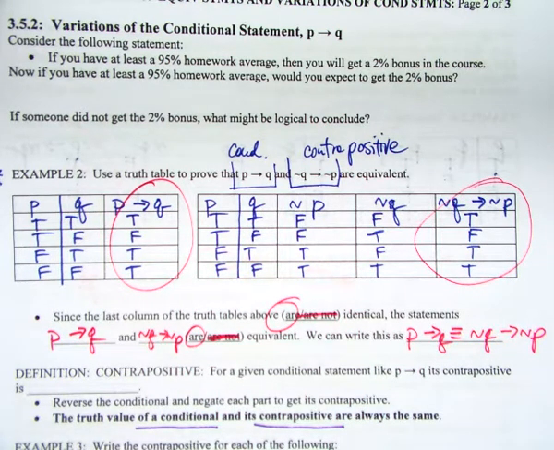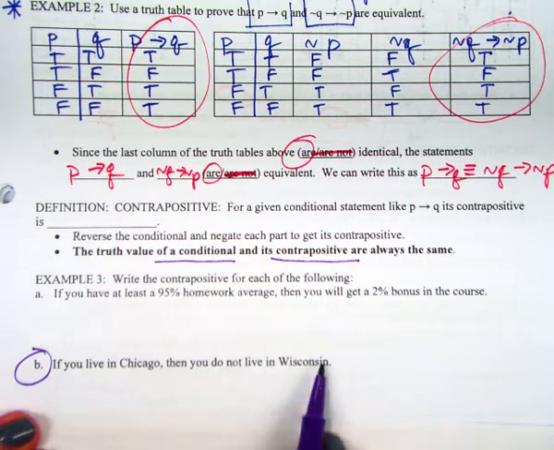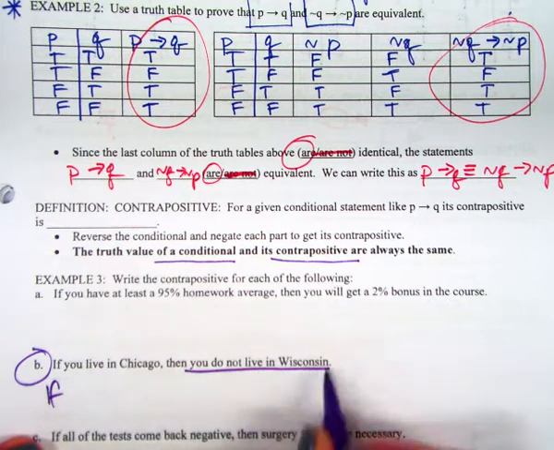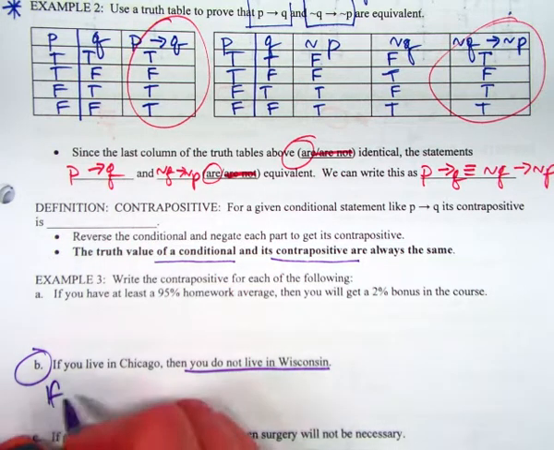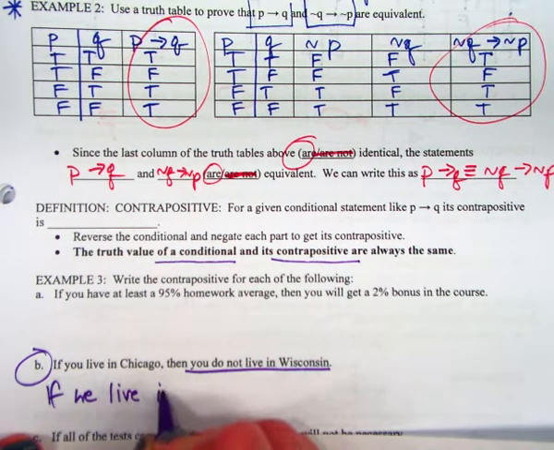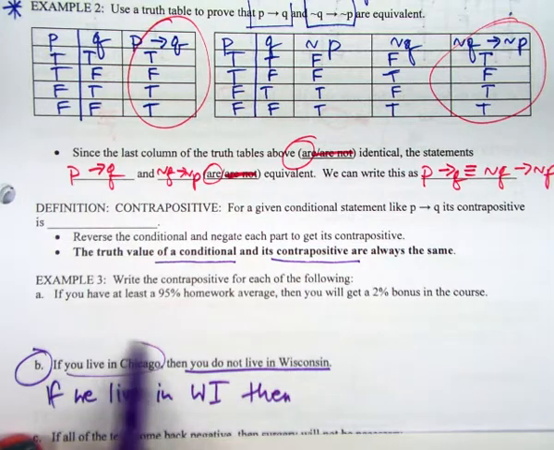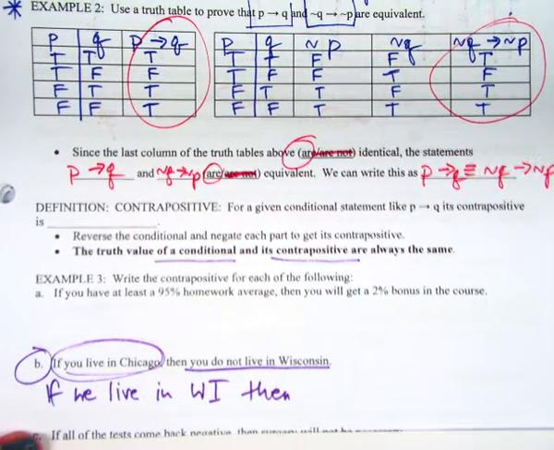So, for example, for this problem right here, for B, if you live in Chicago, then you do not live in Wisconsin. Is that true? Right? Like if we're in Chicago, then you're not in Wisconsin. Let's write the contrapositive of this. So if we got to negate this, what would that be? If you live in Wisconsin, then, because I'm negating it, what do I have to do with this part?